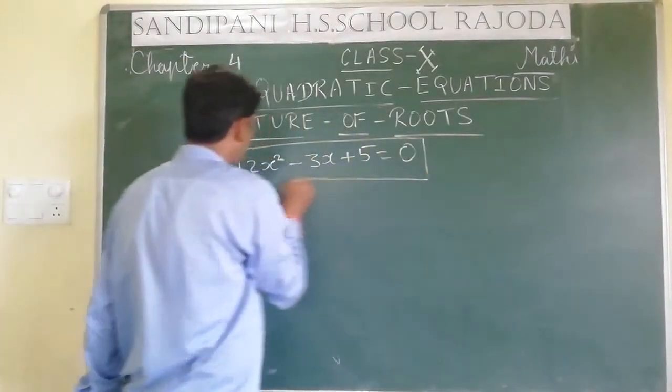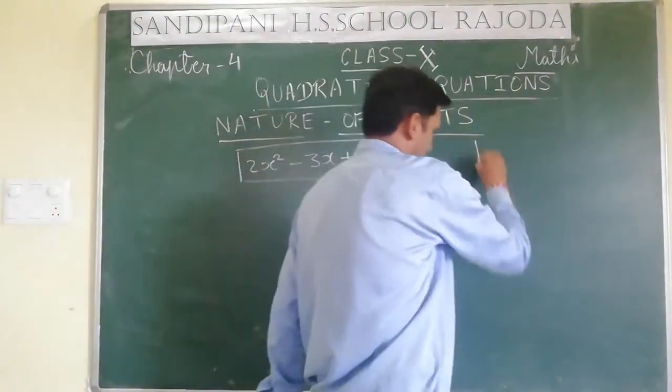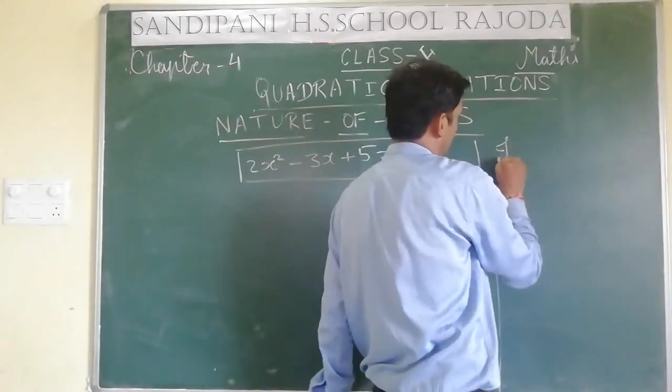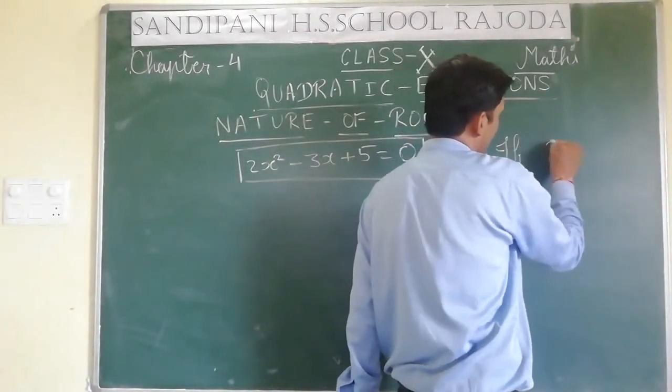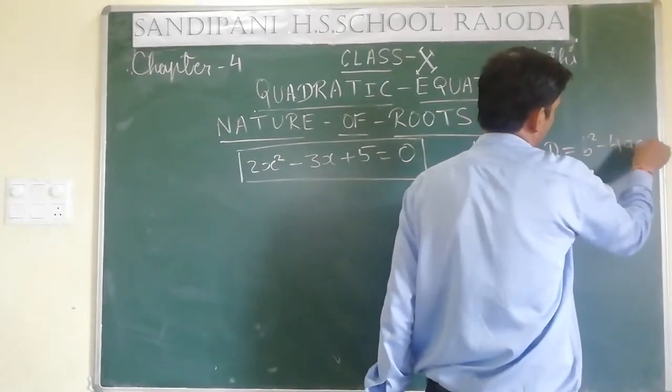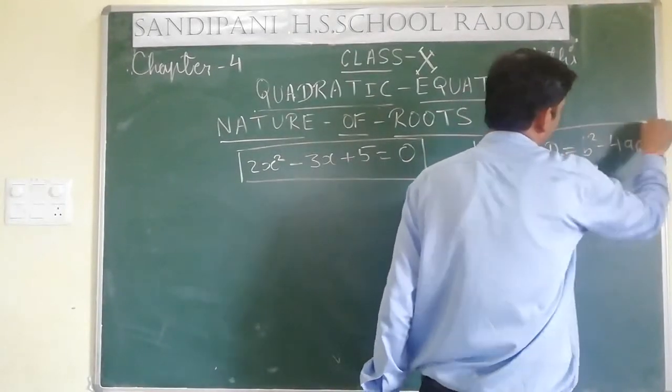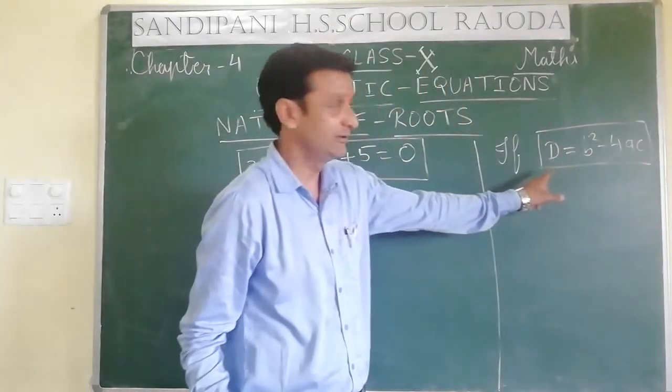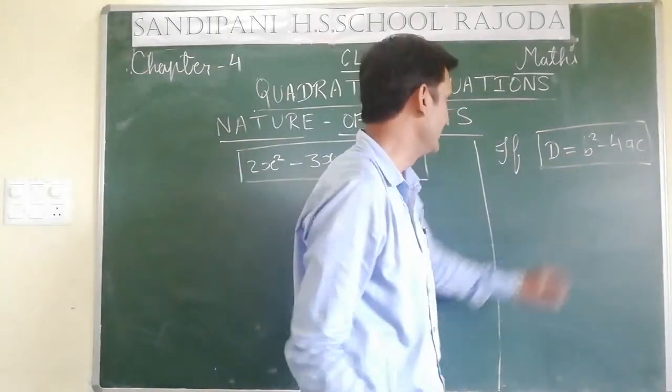So let me tell you three things first of all. If the discriminant, which is equal to b square minus 4ac, this is the value of d, it is called discriminant and it is expressed by d.